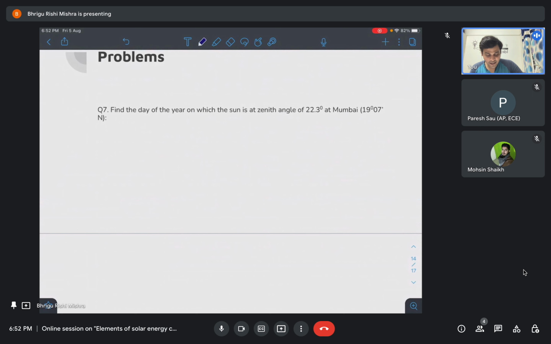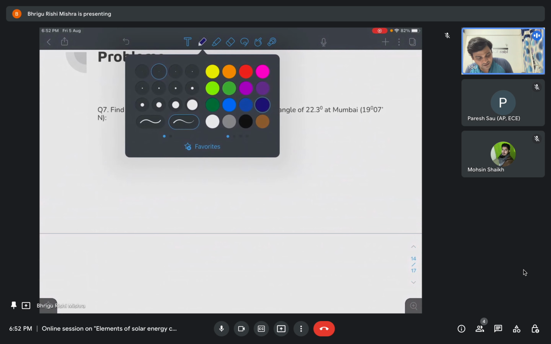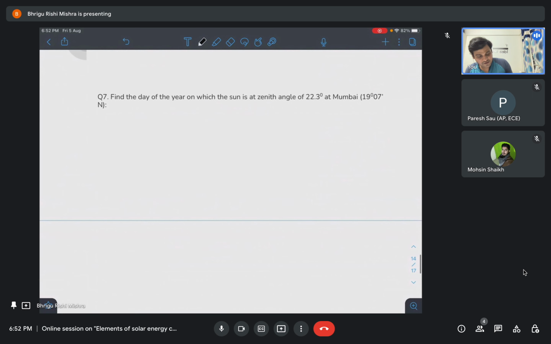Find the day of the year on which the sun is at zenith angle of 22.3 degree at Mumbai, 19 degrees 7 minutes north. This is the latitude of Mumbai. First we need to convert this latitude to degrees, since it is given in degrees and minutes. The latitude L is 19 degrees 7 minutes.